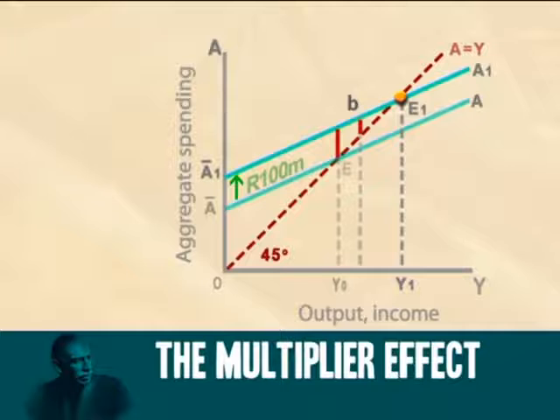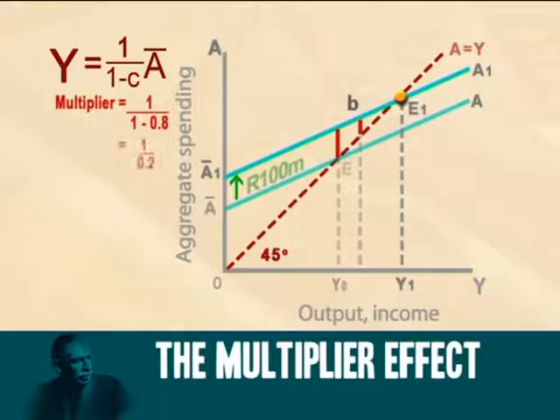By how much the equilibrium level of income changes depends on the value of the marginal propensity to consume, small c. So it's this that determines the value of the multiplier. According to our equilibrium formula, the multiplier effect is equal to 1 divided by 1 minus c. Given a propensity to consume of 0.8, the multiplier is 1 over 1 minus 0.8, which is 1 divided by 0.2, which equals 5.